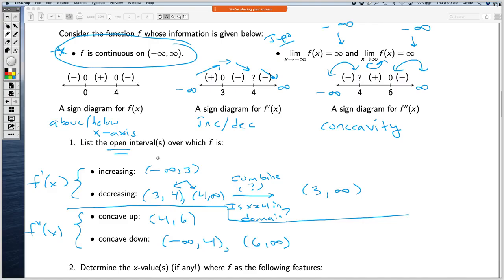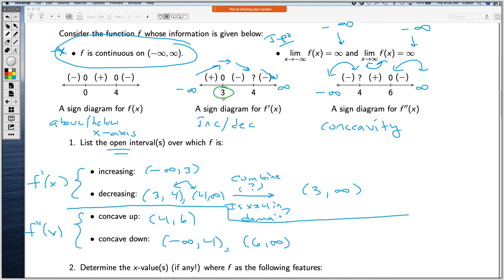Okay, then it says to determine the x-values of any points where f has the following features. Well, let's see what's happening here at 3. At 3, the graph goes from increasing to decreasing. So at 3, that's going to give me a local what? Maximum. And in fact, that's going to be the absolute maximum as well, because the graph never turns around.